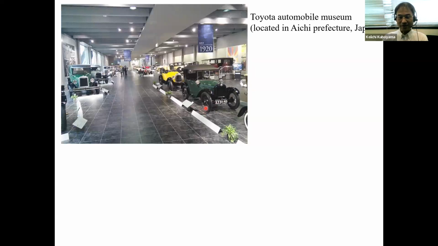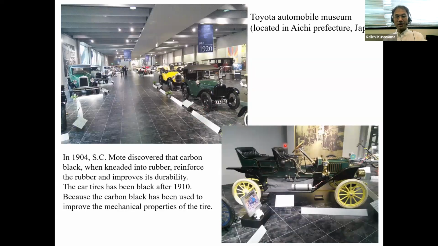Okay, so I'll say the answer. Before 1894, the color of the tire was not black. It was white. But a person discovered that carbon black can reinforce the rubber and improve its durability.